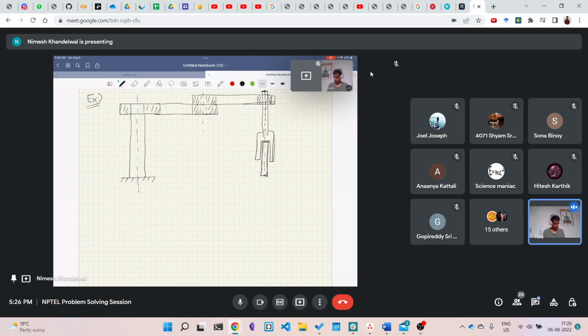This axis just continues. You have been given this initially, and this axis to axis, center to center distance is what we call L11.